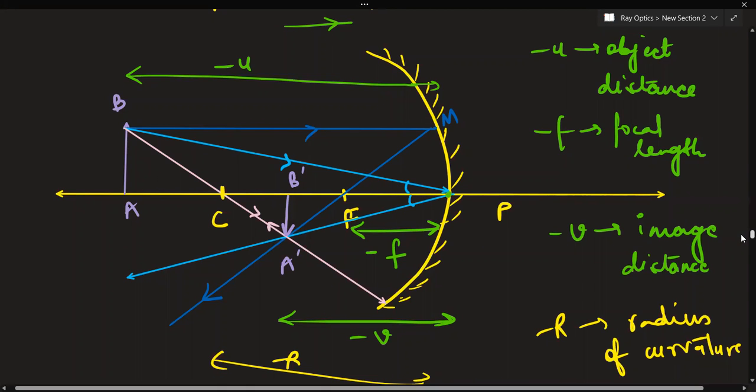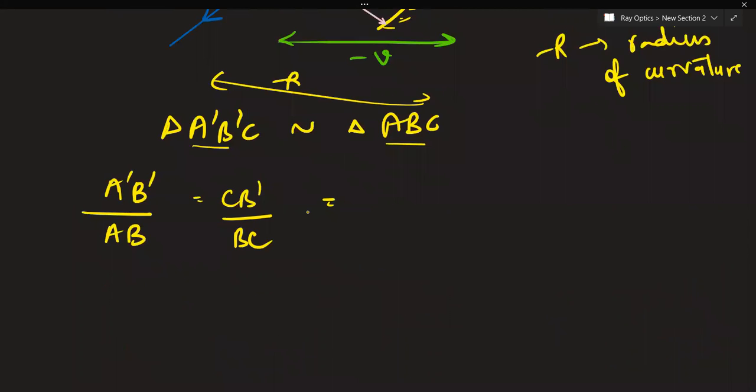I'll write CB dash as CP minus B dash P, where CP was the radius of curvature and B dash P was the image distance. Radius of curvature minus image distance will give me this part left, C B dash.